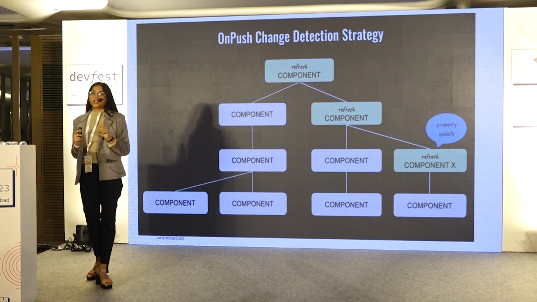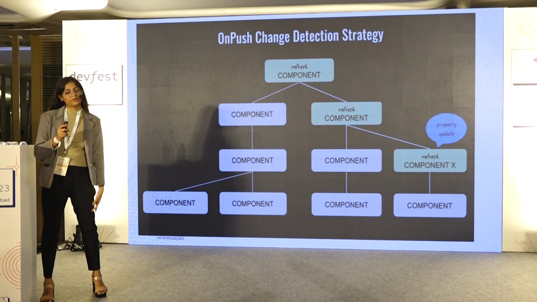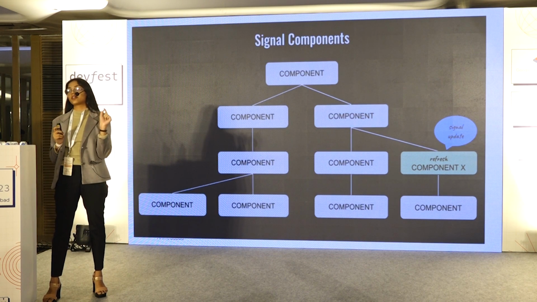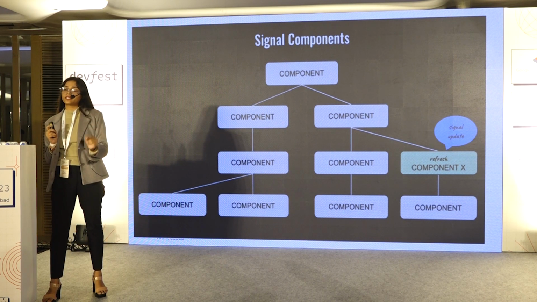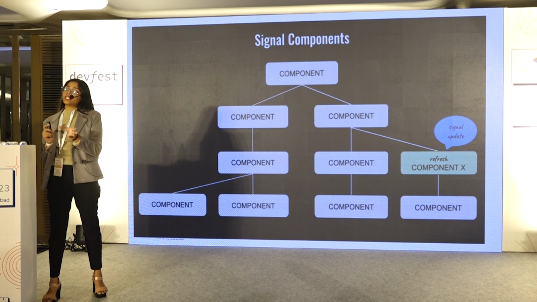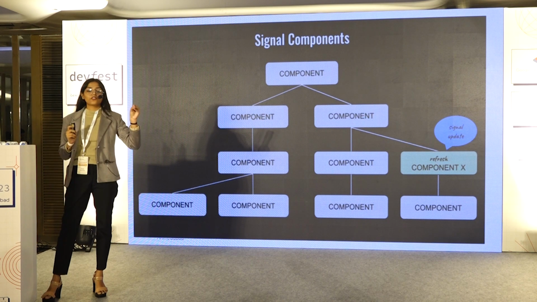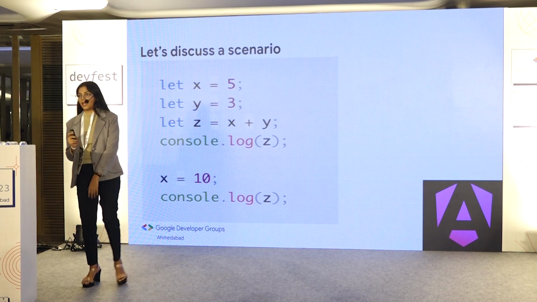Technically, only component X should be affected, but here one more component is getting affected. So to resolve this issue, Signal components come into play. Now, if you are using Signal components, when your component X is affected, then change detection strategy will run only for component X and not for any other component in your slide.